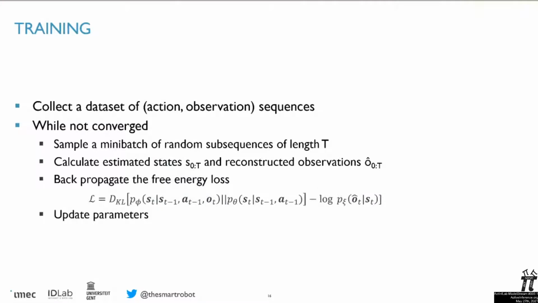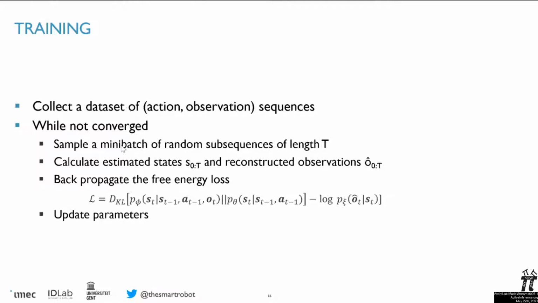So training such a model is then basically first collecting the data set of action observation sequences. So you take your agent, you either let it randomly generate sequences in the environment, or in the case of a real robot, for example, you drive it around yourself in the environment while you record the actions and the observations.